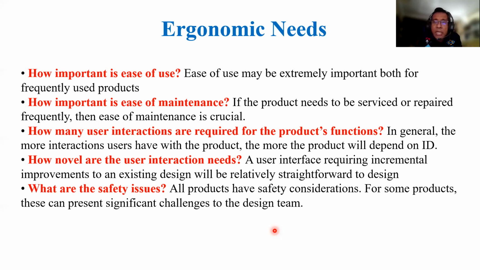We need to handle by ourselves to clear the jam paper in the printer. Then again, it's critical that the features of the product communicate the maintenance and repair procedure to the users.